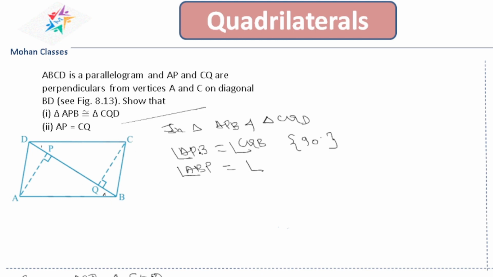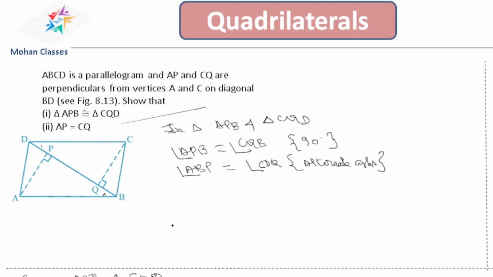ABP is equal to angle CDQ, right? Alternate angles are equal.